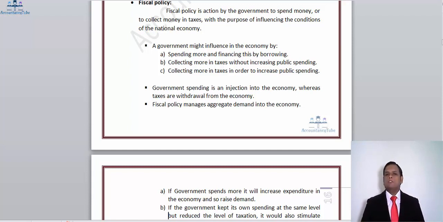Mostly the government spends on transportation, education, medical facilities, and other such things which cannot be left to the private sector. So they will cut their funds in these areas to reduce the demand in an economy. Then we've got collecting more in taxes in order to increase public spending.